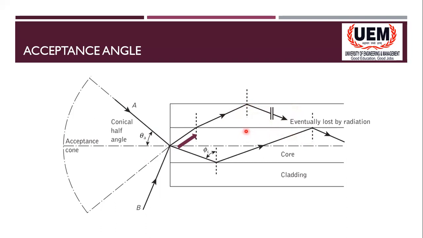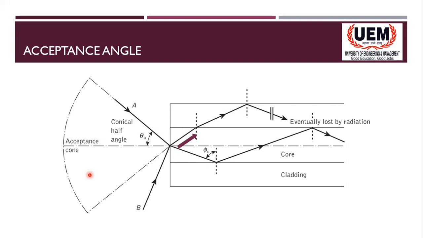So we do not get total internal reflection if the light ray is outside the acceptance cone, and we lose it because total internal reflection is not happening. So this is the most important parameter, which is the acceptance angle.